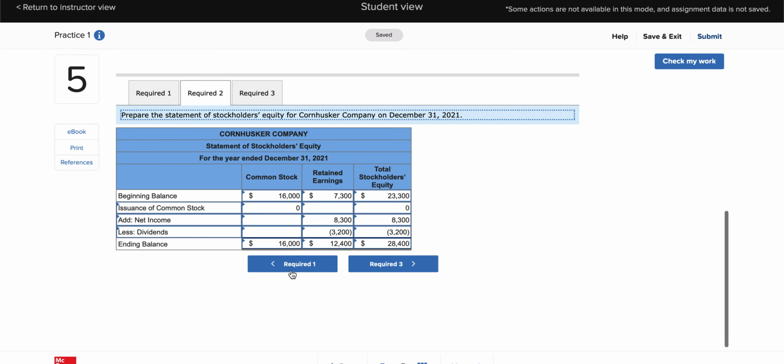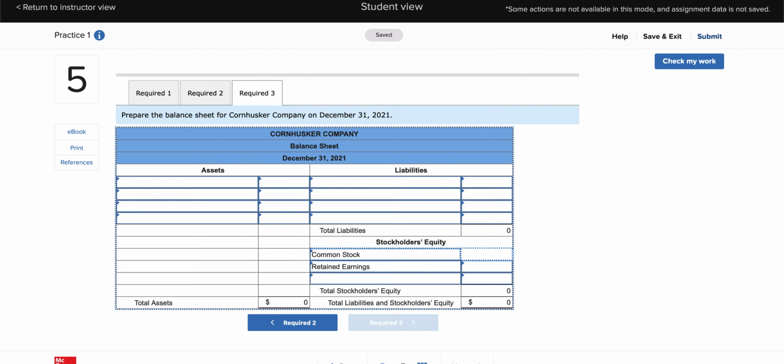We have to go back to requirement 2 and grab these numbers: 16,000, 12,400, and 28,400. And the 28,400 automatically calculates for us. So let's go here and look at what we have.